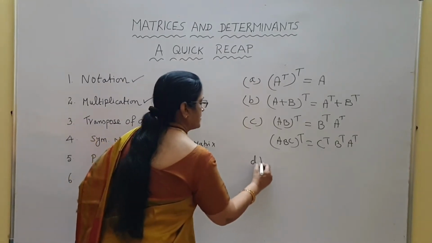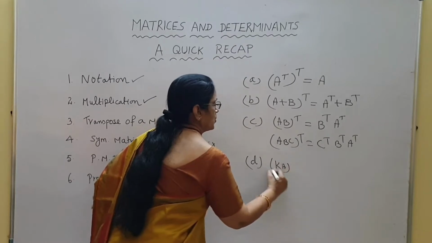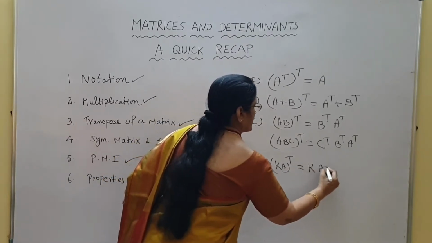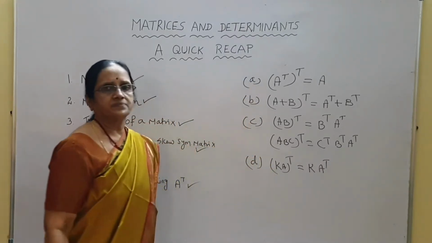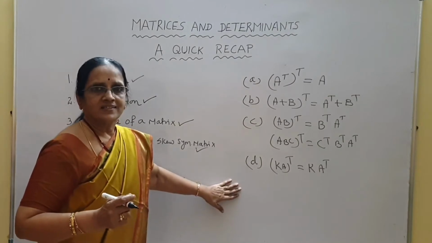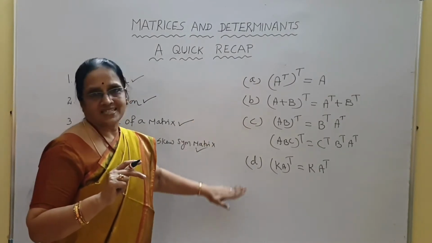Then the next important property is kA, the whole transpose is nothing but k into A transpose. So these properties should be kept in mind. Questions may be asked for 1 mark based on these concepts.